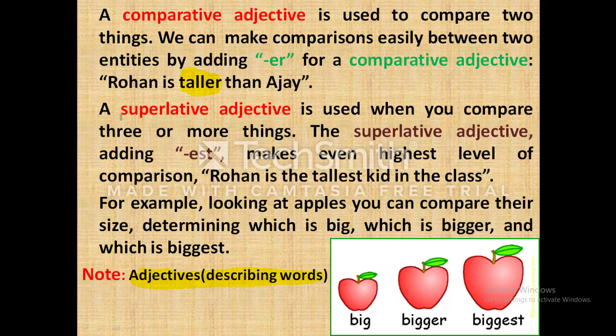Come to the next, superlative adjective. A superlative adjective is used when you compare three or more things. It means when you start comparing more than two things, then we use superlative adjectives.